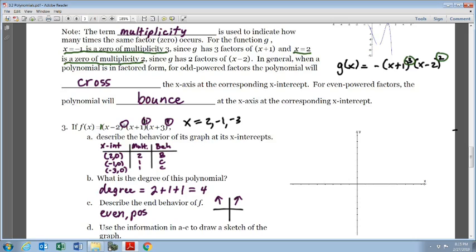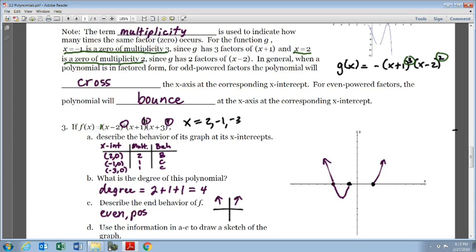So we start by putting on our x-intercepts. So we have an x-intercept at 2, negative 1, and 3. And then let's go ahead and put in our end behavior. We know on the ends it's going to look like that. And so now I work from left to right, and when I get to an x-intercept, my little chart tells me what to do. When I get to negative 3, 0, notice at that point we're going to cross.